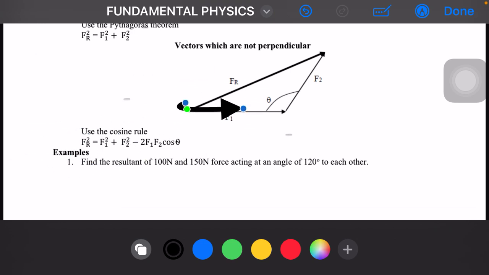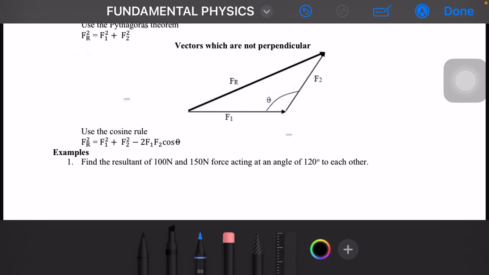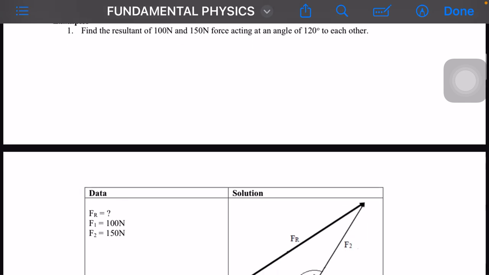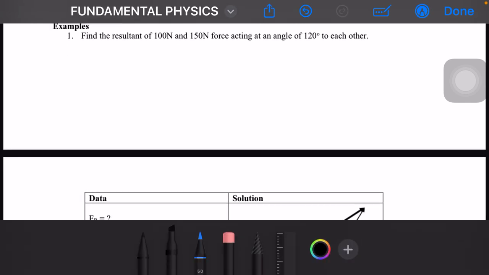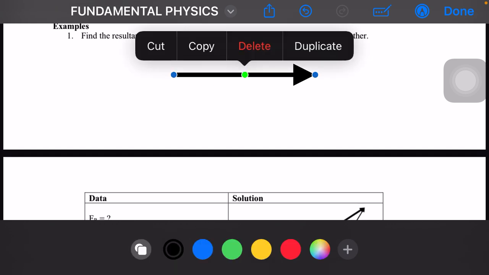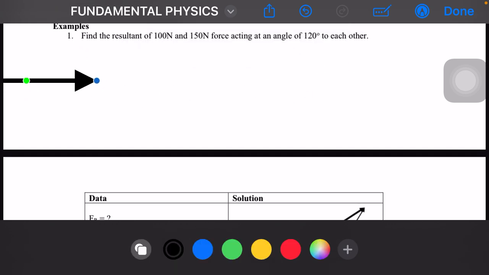Okay, let's look at examples now. Example number 1 says: find the resultant of 100 Newton and 150 Newton forces acting at an angle of 120 degrees to each other.